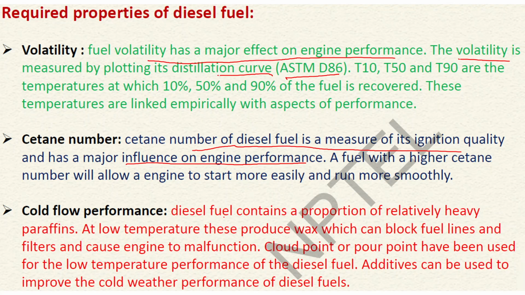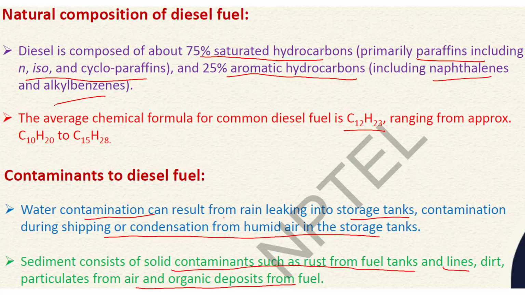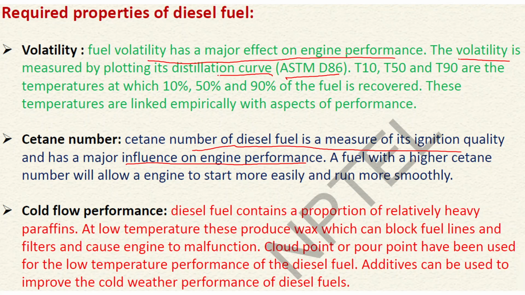Diesel, as told here, consists of 75% saturated hydrocarbons, that is, the long chain paraffins. If the major component of diesel fuel is paraffins, then it has a huge wax content present in it.